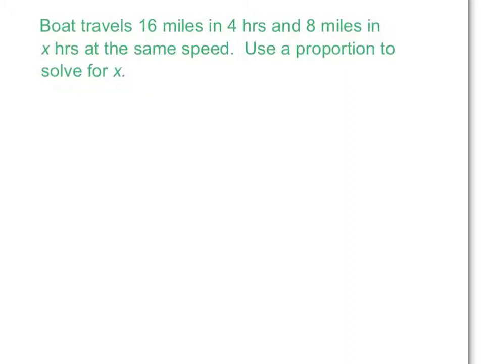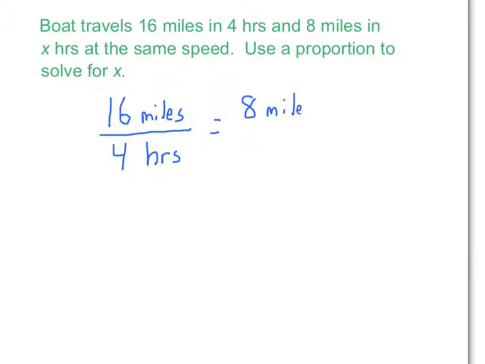So let's say 16 miles, and I'm just going to write out the units to begin with, and then I'll take them away when I solve it, is to 4 hours, as 8 miles is to x hours.